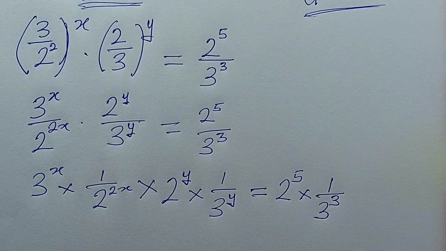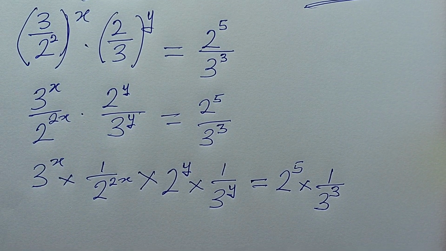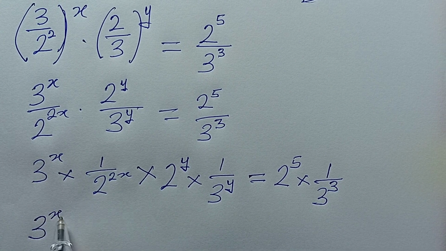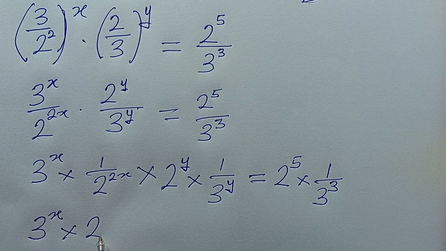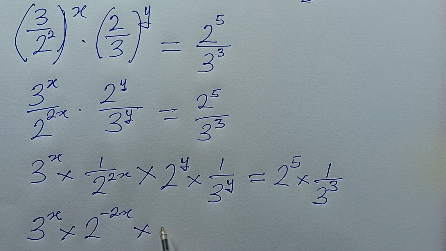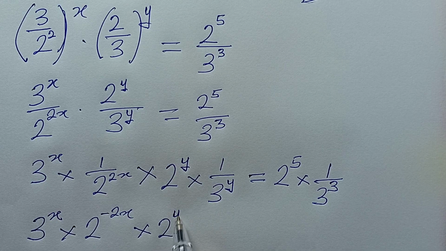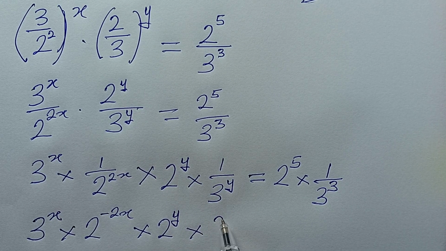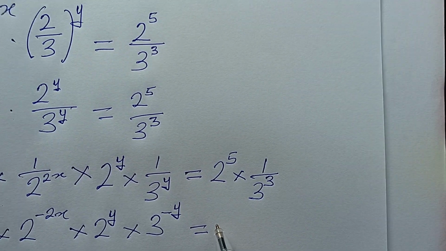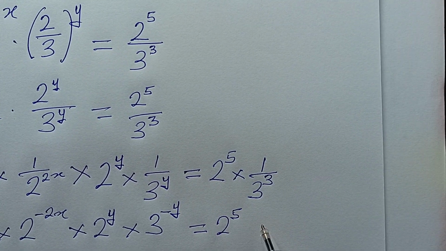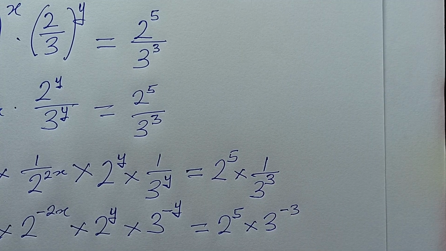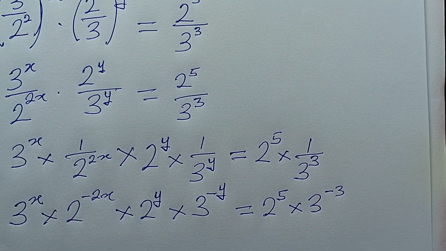So if we apply this law, then we end up having a special expression, which is 3^x times 2^(-2x) times 2^y times 3^(-y), which is equal to 2^5 times 3^(-3). This is nice, right? Good.